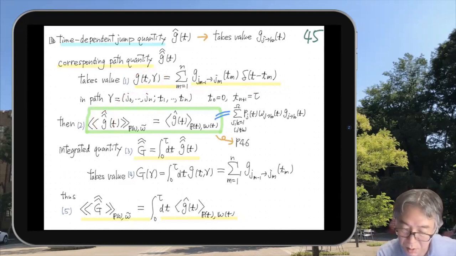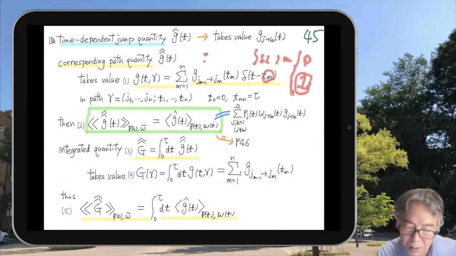And of course here we have a bunch of delta functions. And so if you integrate a delta function, the result is either 0 or 1, right? And we get 1 if and only if one of the Tm is in this time interval from t to t plus delta t, okay?